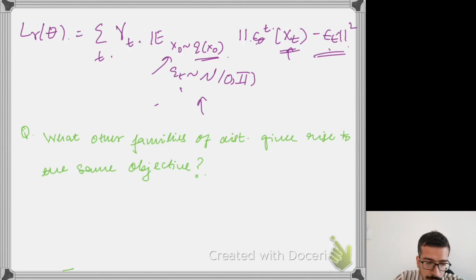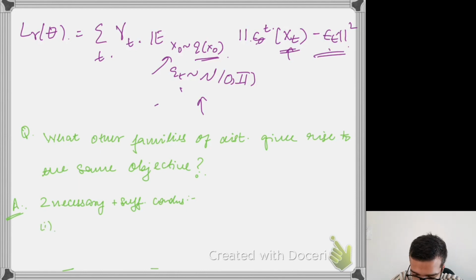Here we want two necessary and sufficient conditions. Firstly, when we are looking at families of distribution, this is the family of posterior distributions as in the forward process.